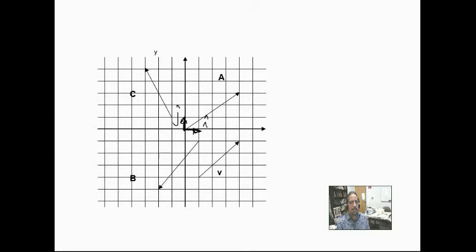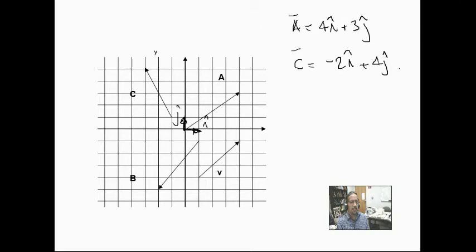Now let us practice with summing vectors. So let us write again A. A is equal to 4i plus 3j. And the vector C, you can see here that it has 2 units in the horizontal direction. We're going to write C is equal to minus 2i plus 4j.